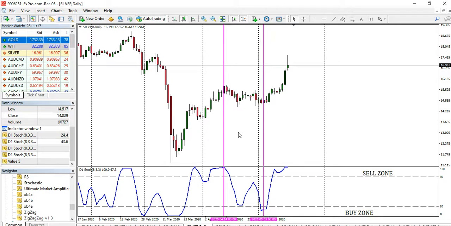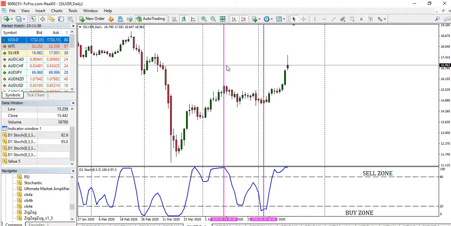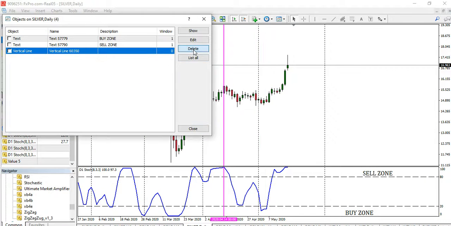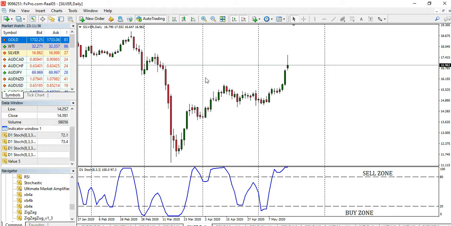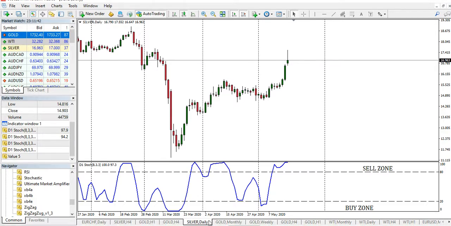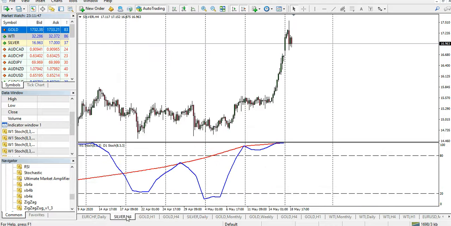So essentially what it boils down to is that we want both the weekly and the daily stochastic indicator to be in the same zone to find our initial trade. Here I am going to show you where both indicators are in the same zones.